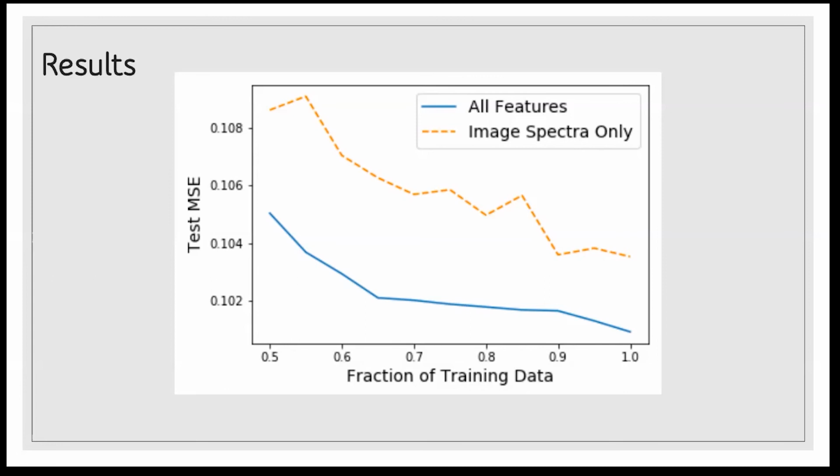For this particular experiment, for each data point, we take the average of 6 trials just to smooth out the noise from training such a complex problem. We see that when we train a model with just the image spectra, as opposed to everything included, as the fraction of training data increases, the difference between the two starts to converge, and the difference gets smaller.